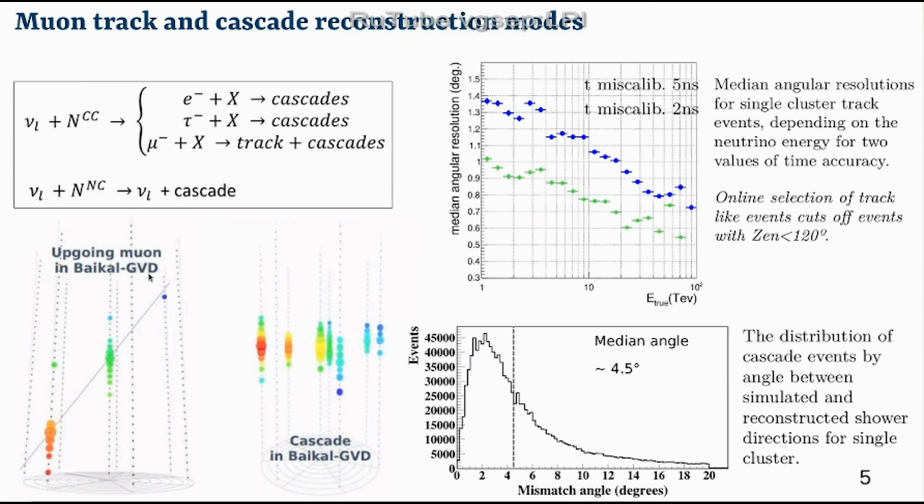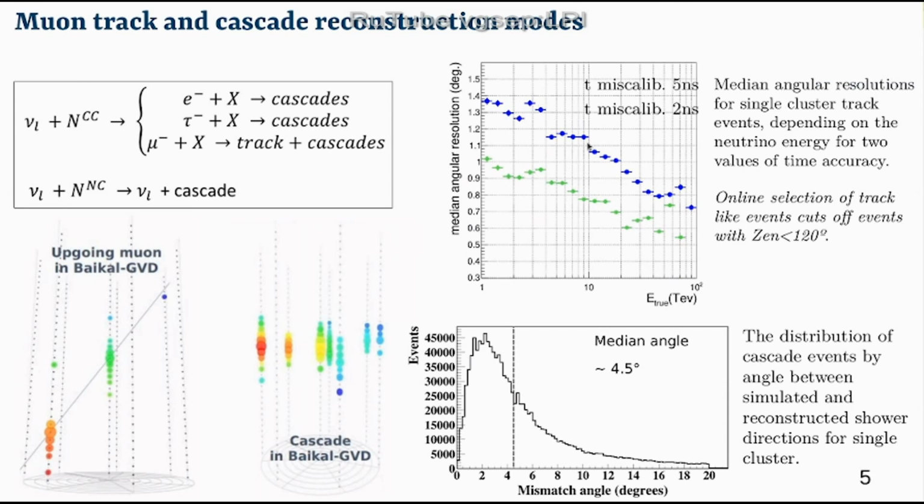Muon track in Baikal Gigaton Volume Detector looks like this interaction you can see here, and cascade interaction you can see in this picture. These two pictures illustrate angular resolutions for cascades and for muon track modes.